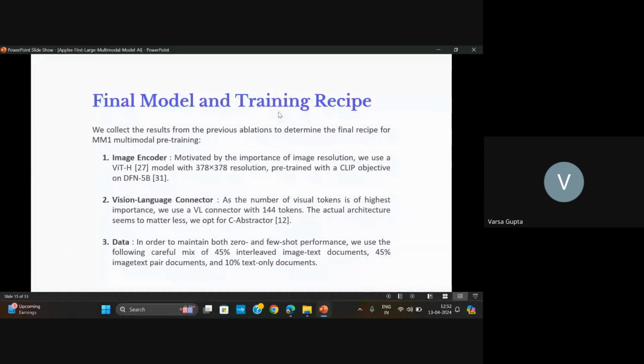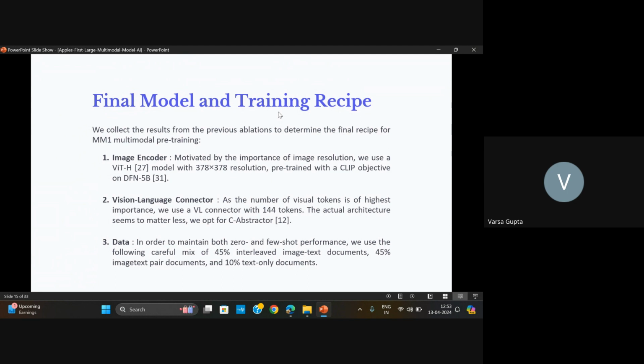For the vision language connector, we saw in the previous slide that the number of visual tokens is more important. So a vision language connector with 144 tokens was used, and the actual architecture seems to matter less. We opt for C abstractor. In data, for a good model, we need to maintain both zero and few shot performance.